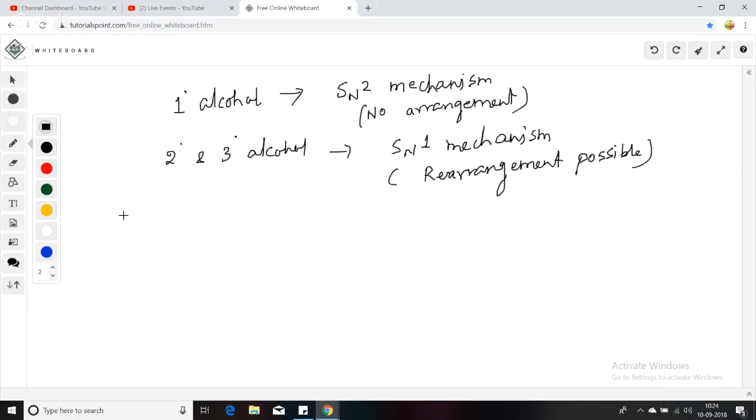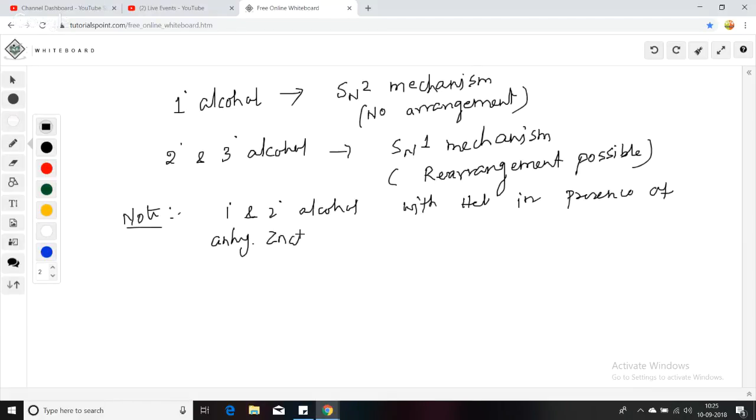One note you can write down here: the reaction of 1 degree or 2 degree alcohol with HCl in presence of anhydrous ZnCl2 is known as Groove's method.